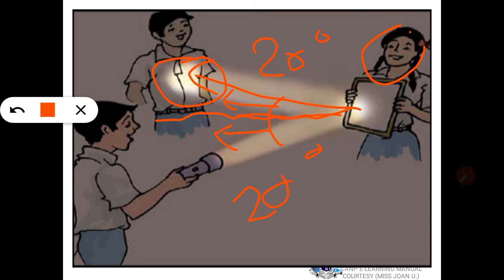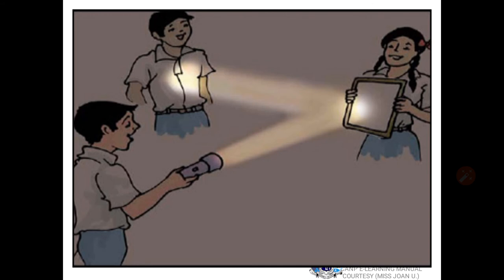Okay, this is what we call the reflection, or this is how we can actually bend light to see an object.